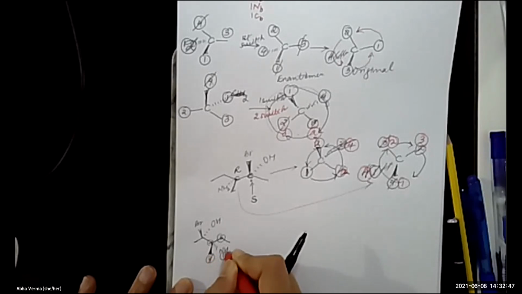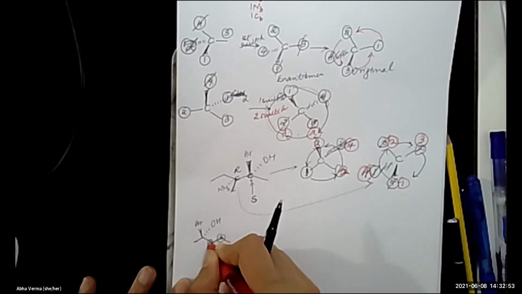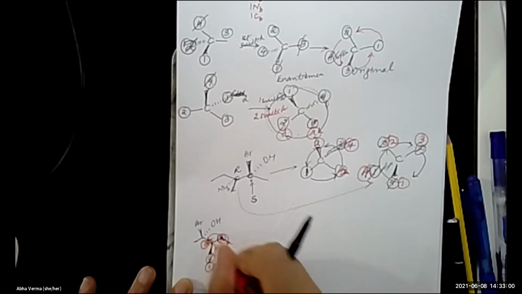So I would still suggest to keep switching your bonds. So this will be 3 and this will be 2. Ignoring number 4, 1 goes to 2, 2 goes to 3.